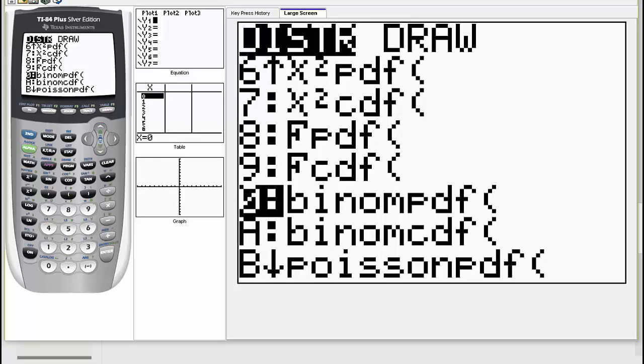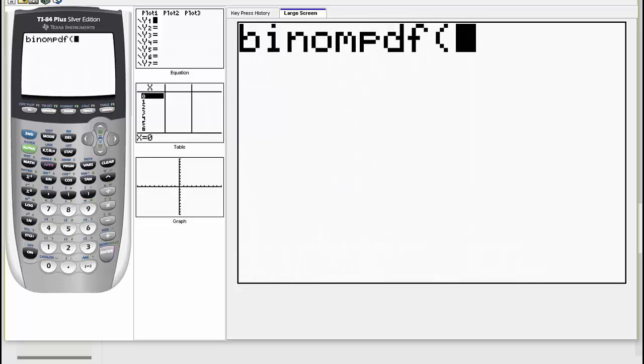My calculator is not updated, so it's going to bring me back to the home screen. What I have to do here is put in N, P, X in that order. It has to be in that order, comma separated. So N was 10, comma, remember your comma is the black button above your 7.